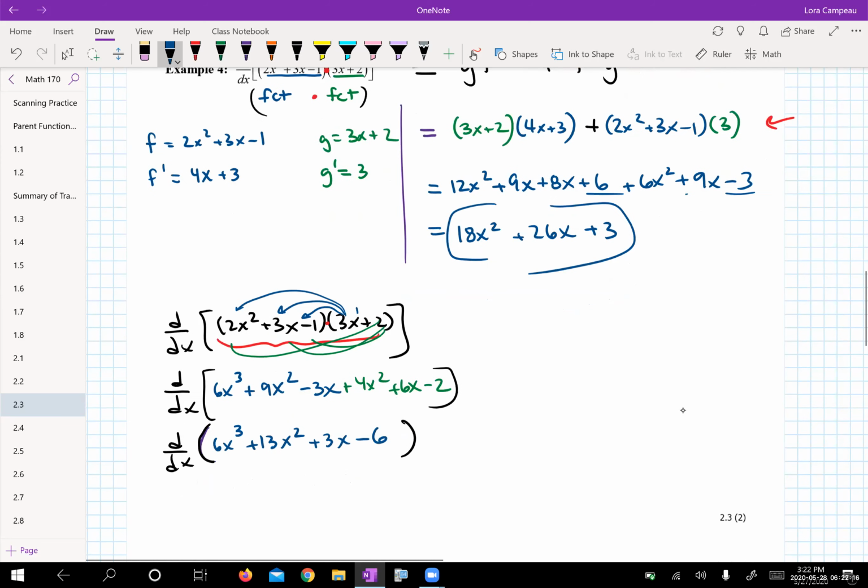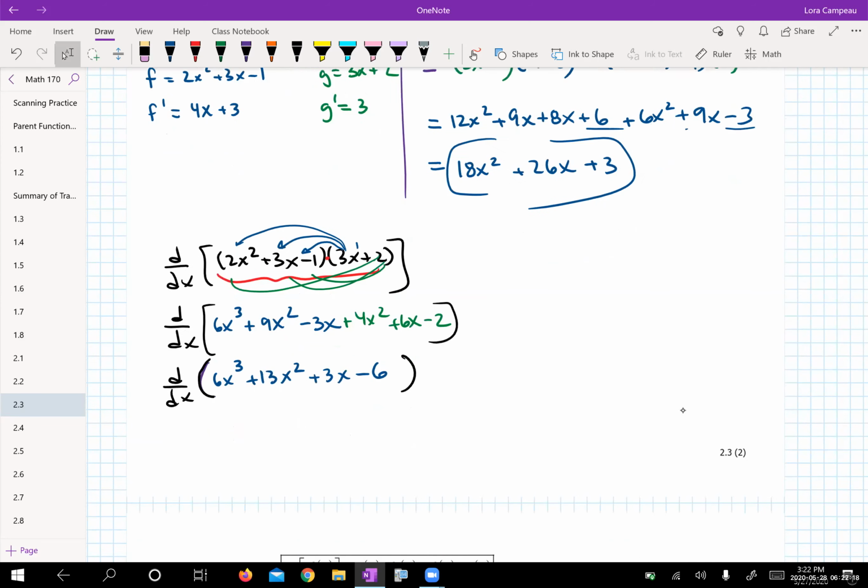And now the product of the two functions is a polynomial. So now if we're going to take the derivative, you can take the derivative of individual terms. That will be 6 times 3, that's 18x squared. 2 times 13, that's 26 with an x, and then the derivative of 3x is 3. And then if you notice, we got the same thing that we had.